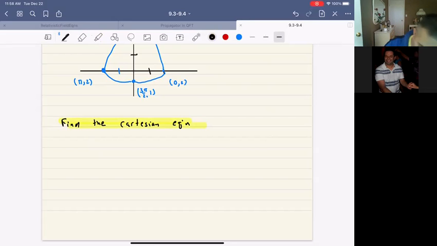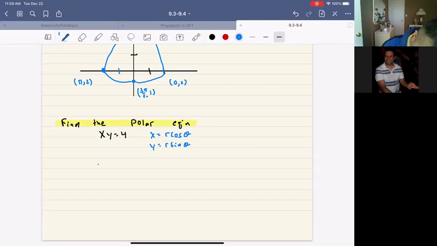So let's say we have xy equals 4. Oh, that's the Cartesian equation, actually. We're going to use exactly the equations that we used before, and use them right this time. We remember x is r cosine theta, y is r sine theta.